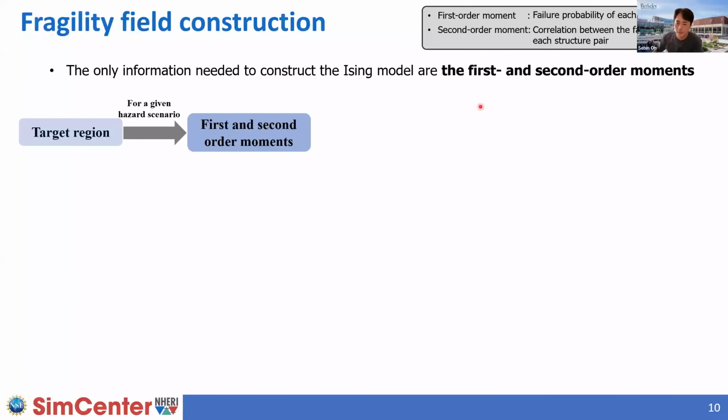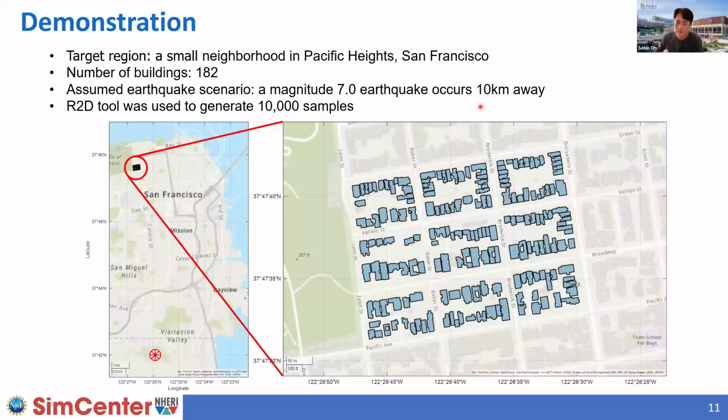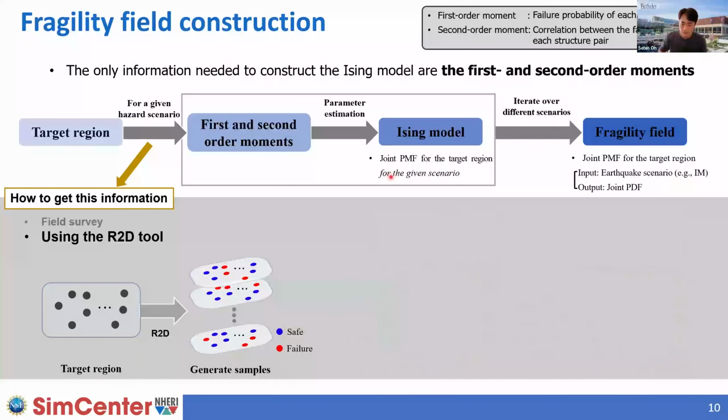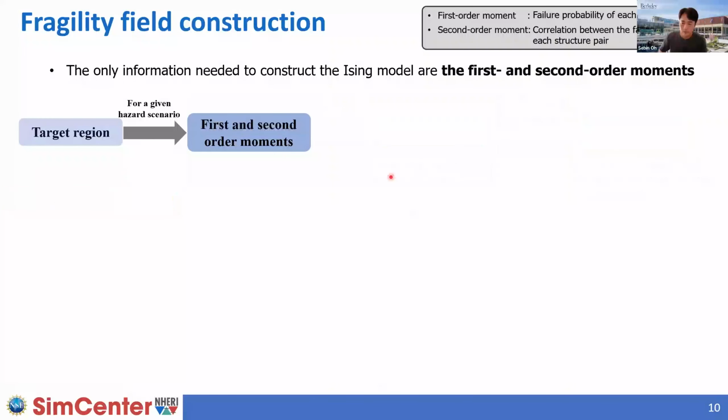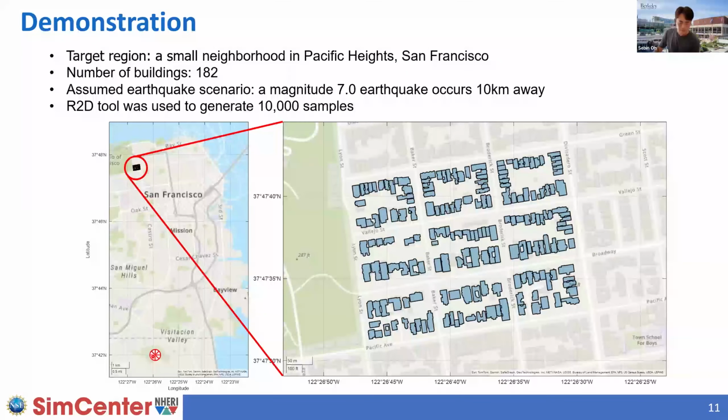Yeah, so in this R2D based example, I just followed the default setting of the R2D tool. Let's just stick to this example. I assumed an earthquake scenario like this, and then inside the R2D tool, they generated ground motions over this region using a ground motion prediction equation.